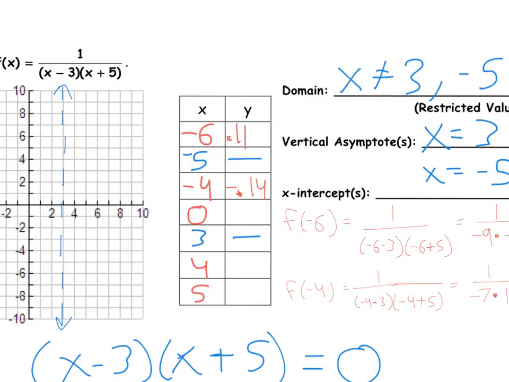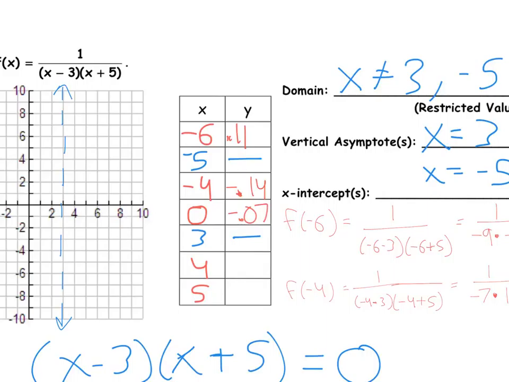So when I plug in 0, I should get negative point... This is going to be about 0.7. And let me rewrite that. 0.07. So again, very, very tiny values. Okay.